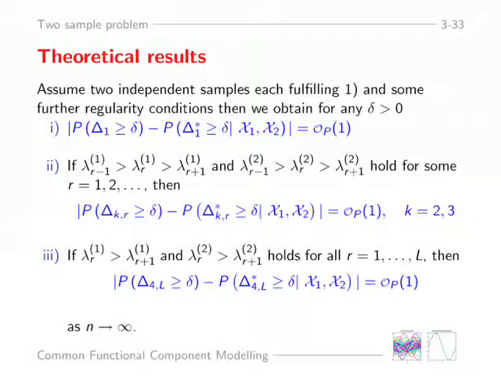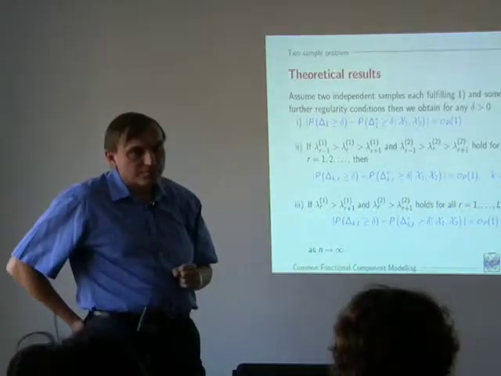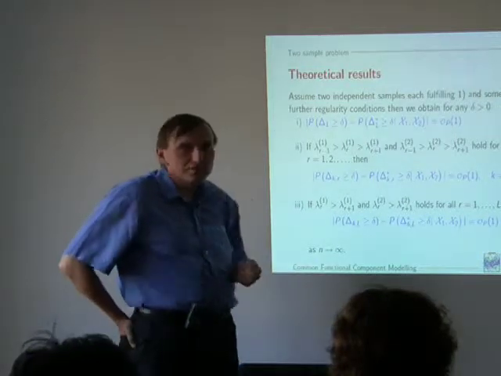Because this says that the probability that delta is larger or equal to some fixed value, minus the conditional distribution of your delta star given your sample, this difference converges to zero. So the bootstrap is consistent.